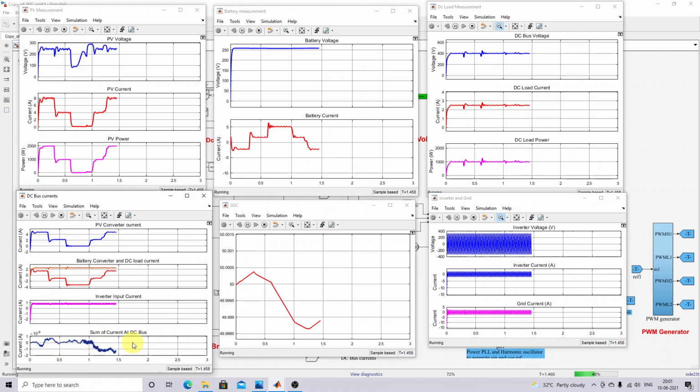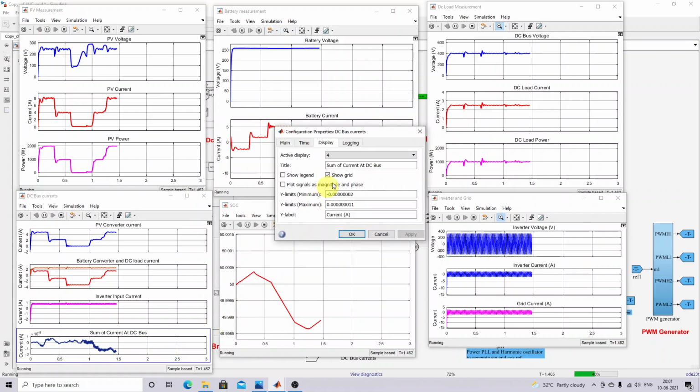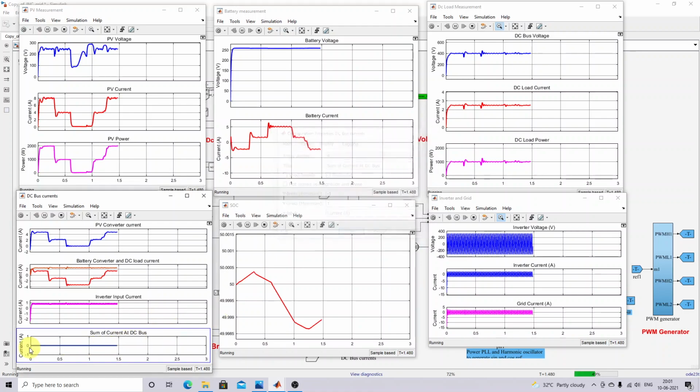So here you can see that the power balance, that means the current balance, is equal to 0 in the DC bus, always equal to 0. So power balance is maintained in the DC microgrid.